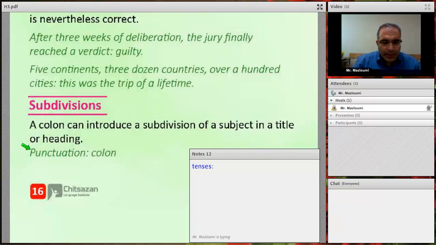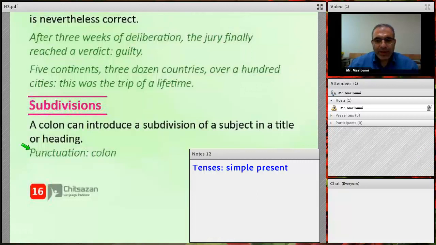For example, everyone, we say tenses. Okay, tenses, colon. Simple present, for example. Okay, simple present. Everyone, tenses is a general category.